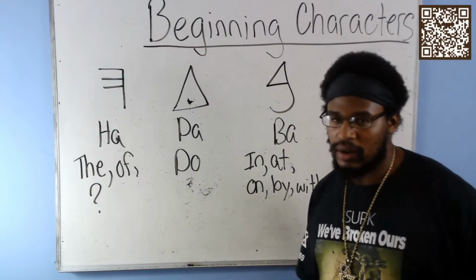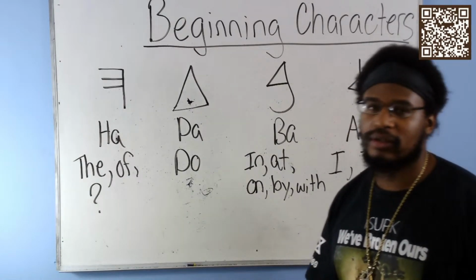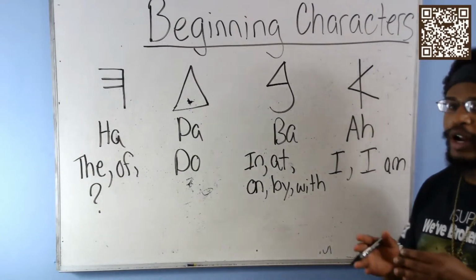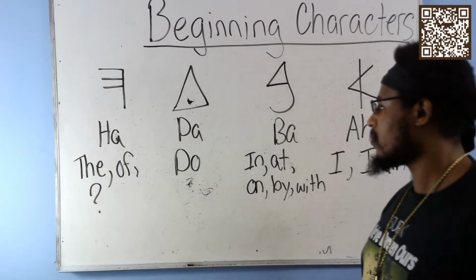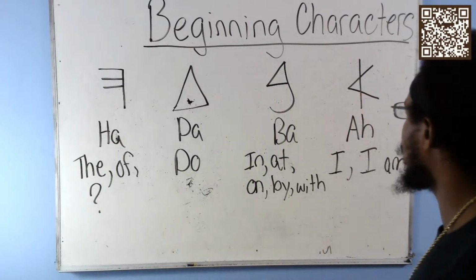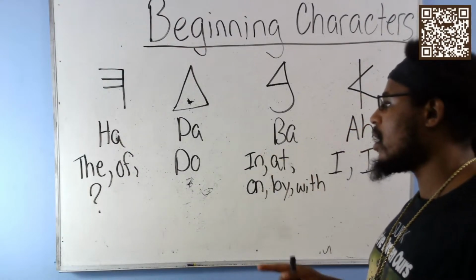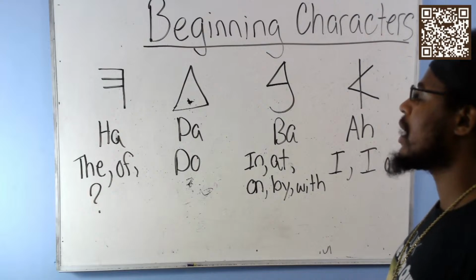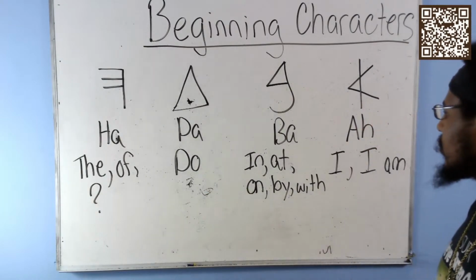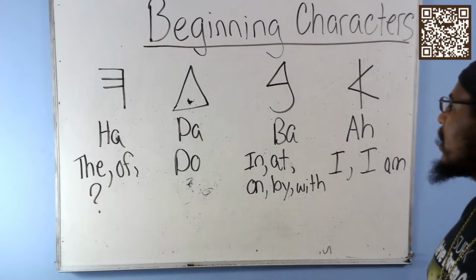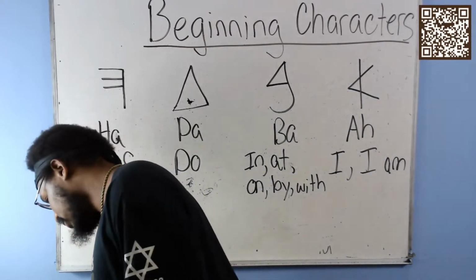See how our language can be used as slang? There's a lot of shortcuts, a lot of direct routes. It's very, very simple. So we got ha, meaning the, of, or a question when used at the beginning of a sentence or phrase. So that's 4 of the beginning characters so far. We're going to get some more.